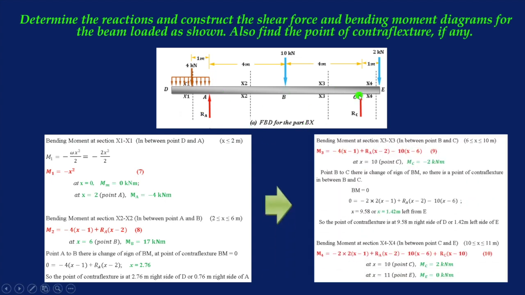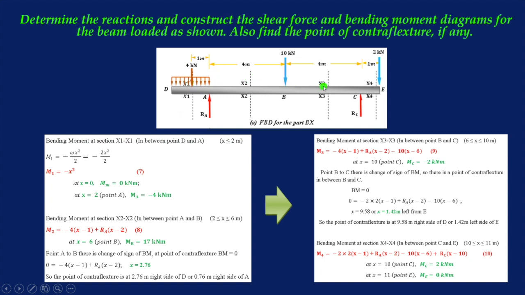Then go to the next part, section x3 between B and C. If we are considering a section here, then again the distance should be measured from D. Then the bending moment: the first force, this 4 kilonewton, distance is x.